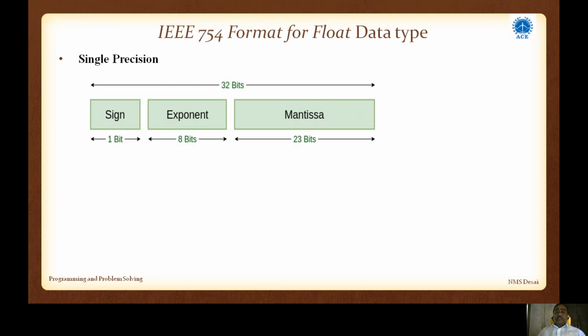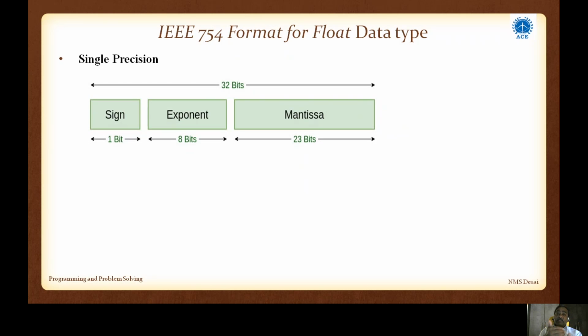In single precision, the bias is 127. So if I have 2 to the power of minus 5, in computers it is 2 power only, this minus 5 is added to 127. 127 minus 5 is 122. So the exponent becomes 122.